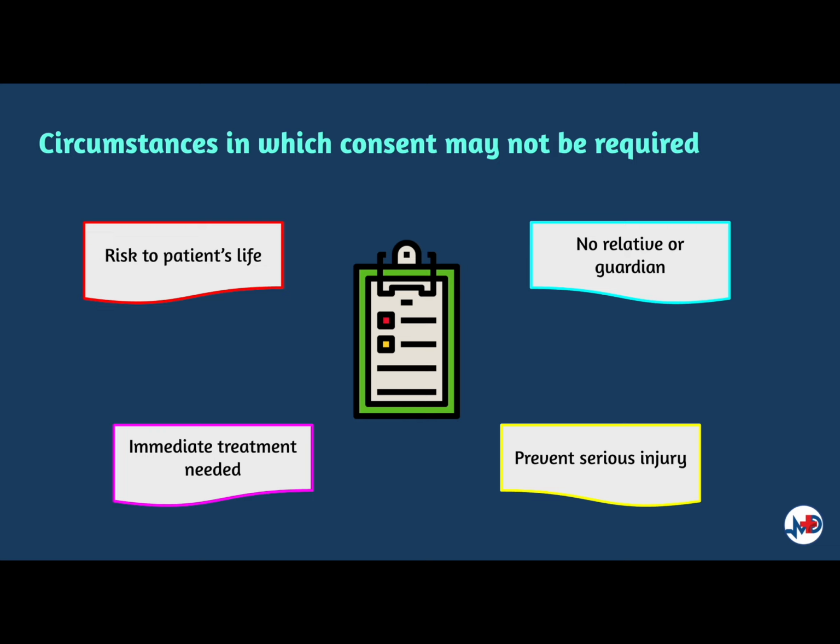Other conditions also exist, such as in situations to prevent serious injury to an adult person, immediate and long-term health, where the person is unable to consent, subject to there being no unequivocal written direction by the patient to the contrary. And lastly, when there is no relative or any legal guardian available or contactable during the critical period to give consent.